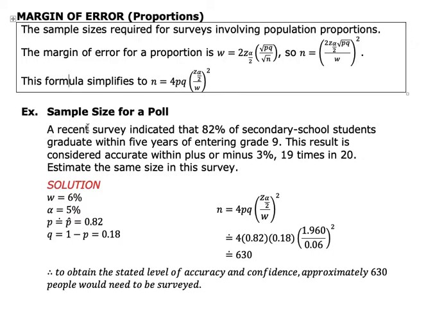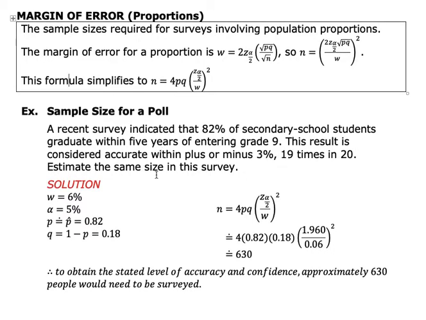Sample size for a poll. A recent survey indicated that 82% of secondary school students graduate within 5 years of entering grade 9. This result is considered accurate within plus or minus 3%, 19 times in 20. Estimate the sample size of this survey. So, plus or minus 3% is a width of 6%.